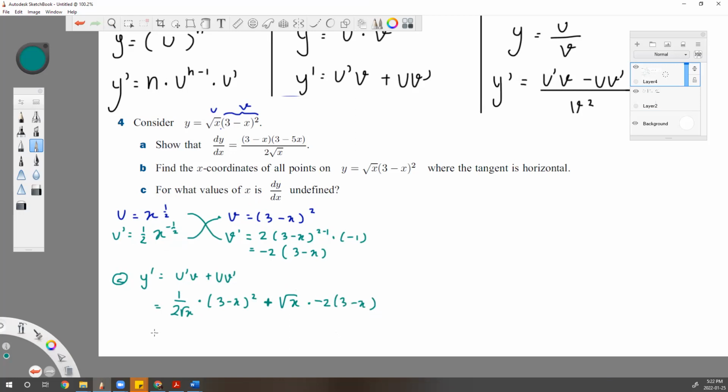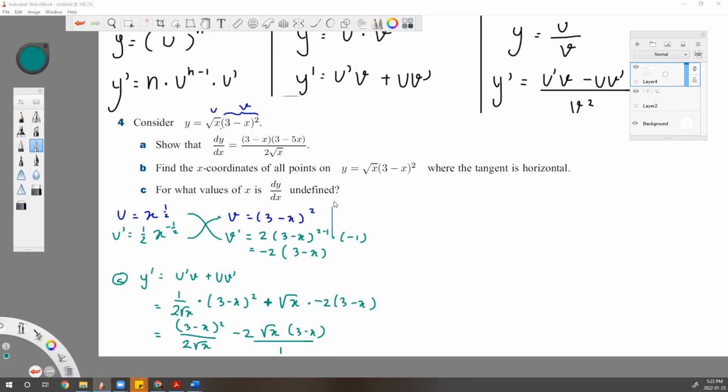So what next? You put it below 2 square root x, 3 minus x bracket square, plus, oh, minus 2, right? Because plus minus, minus 2 square root x, 3 minus x over 1, right?